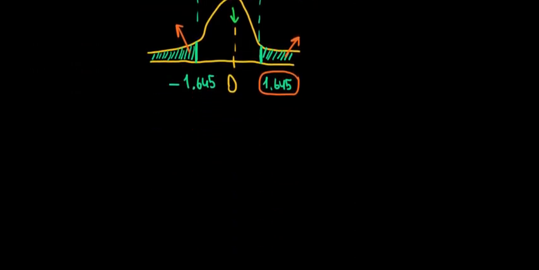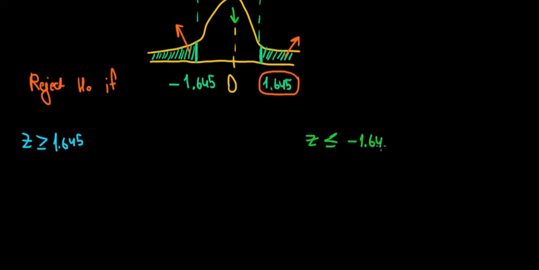We're going to reject H0 if z is greater than or equal to 1.645, or z is less than or equal to minus 1.645.